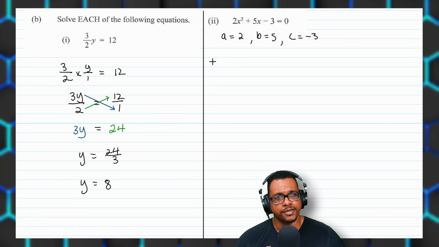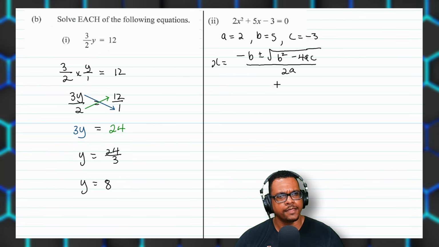All right, so you know the formula: x is equal to negative b plus or minus the square root of b squared, and it's on the formula sheet, take away 4ac, all over 2a.